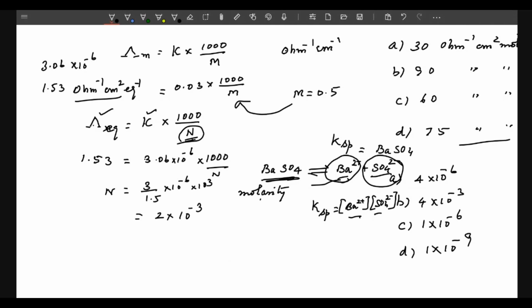What would be the molarity? Molarity is equal to normality over the valency factor. What I gave in the last class, the molarity and normality relationship.